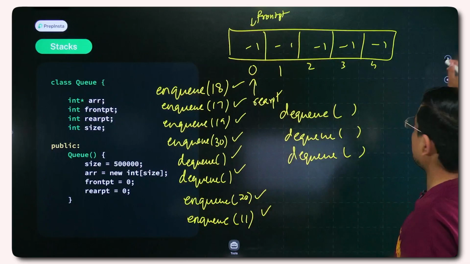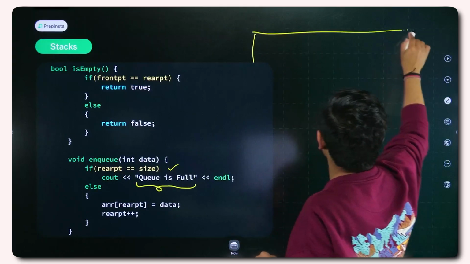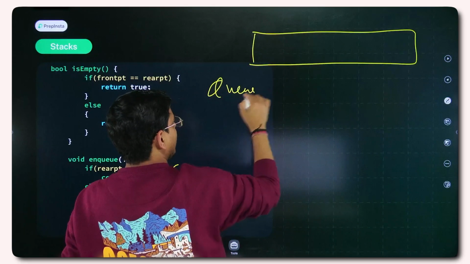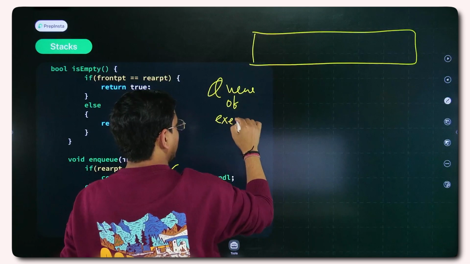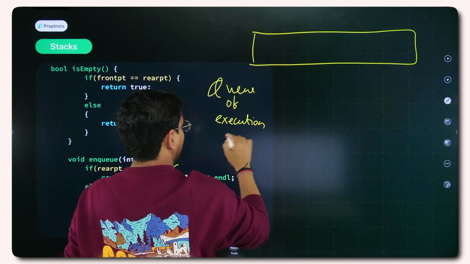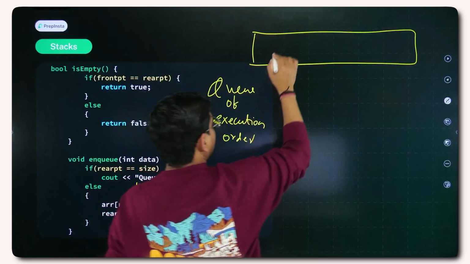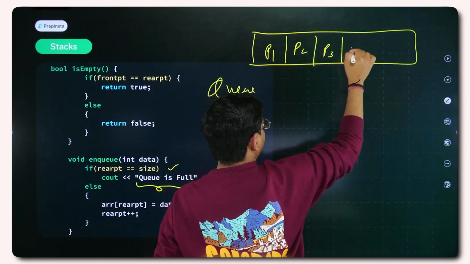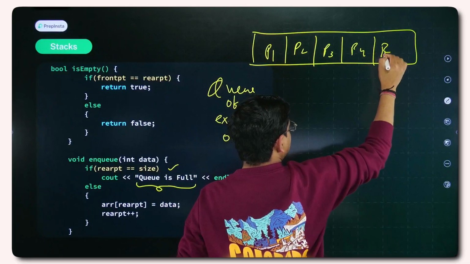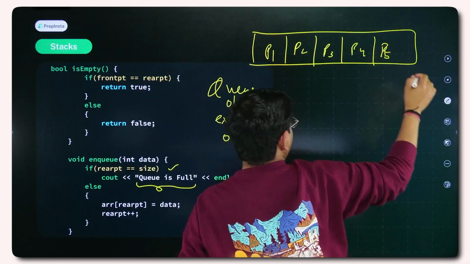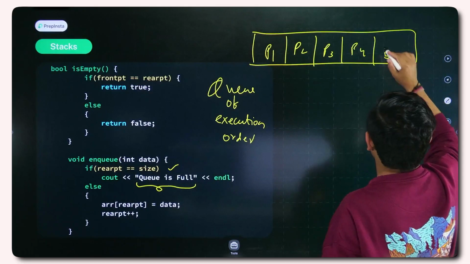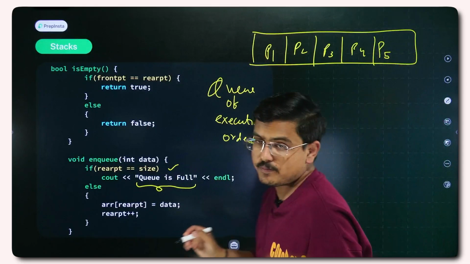For example, what I am saying is, consider this is the queue of execution order of processes, and you have P1, you have P2, you have P3, you have P4 and you have P5. These are 5 processes that you have. So, for these 5 processes, what would happen?